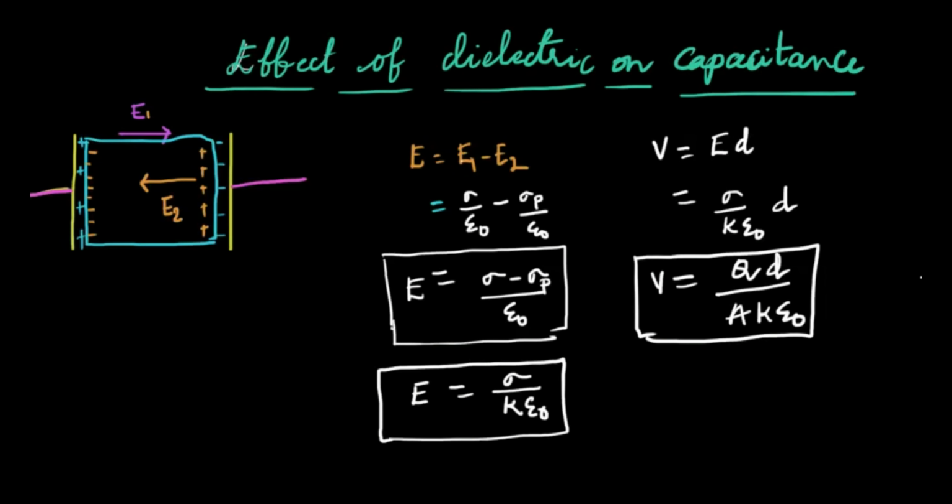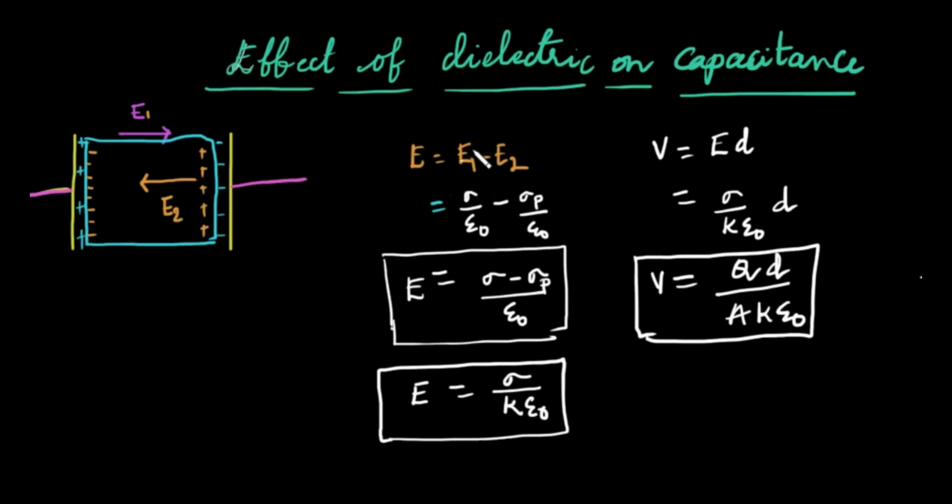A quick revision of the effect of a dielectric on the capacitance of a capacitor. Due to the plates of a parallel plate capacitor, we have electric field E1, and when you place a dielectric, we have electric field E2 in the opposite direction. So the net electric field is E1 minus E2.